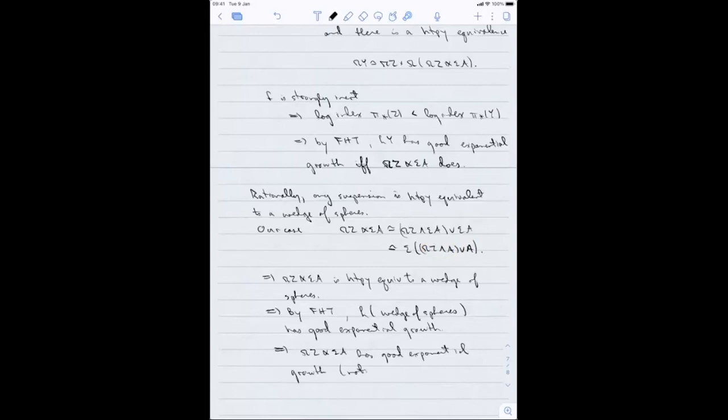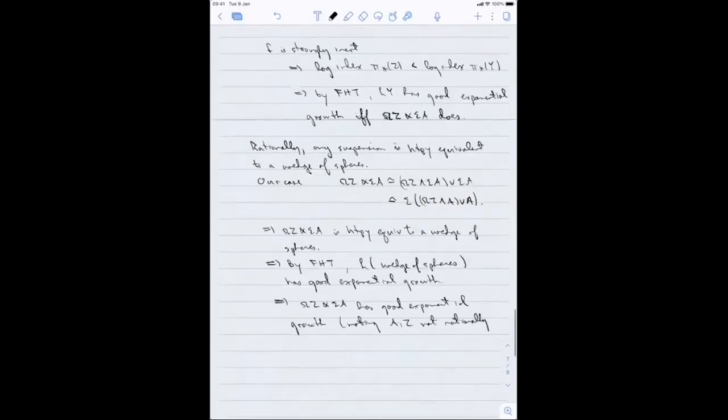And noting that A and Z are not rationally contractible, this space is a wedge of at least two spheres.